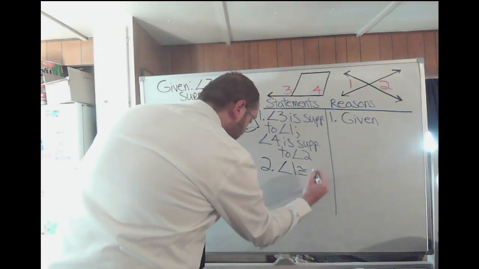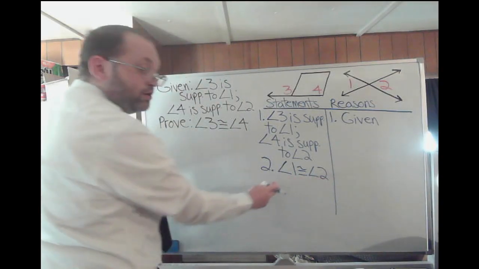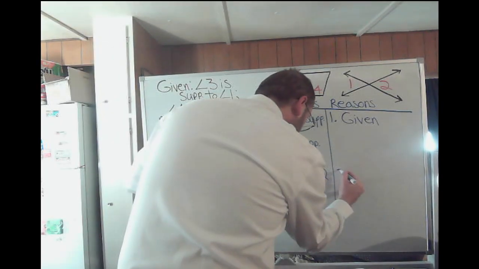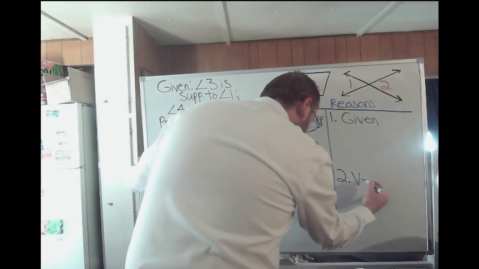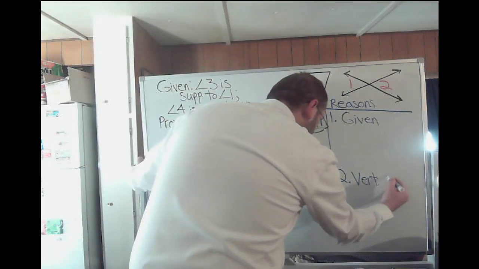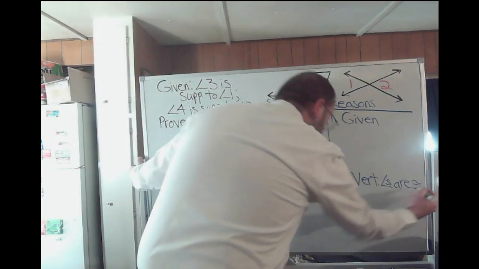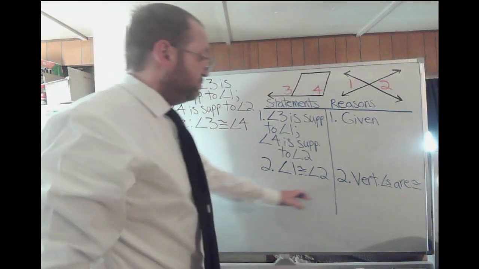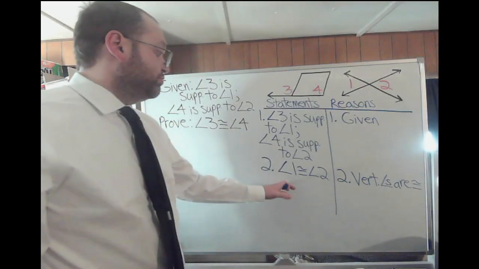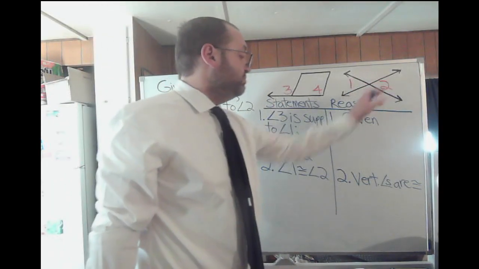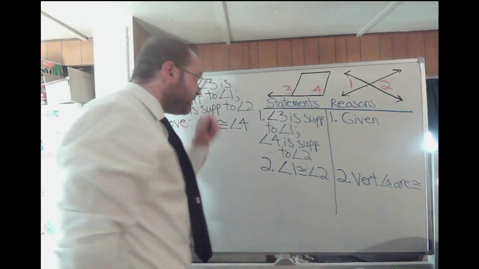So for statement 2, we can say that angle 1 is congruent to angle 2 by the theorem of vertical angles are congruent. So the reason for statement 2 would be vertical angles are congruent. We can prove angle 1 is congruent to angle 2 by that. All right.